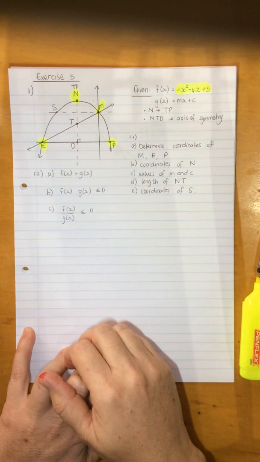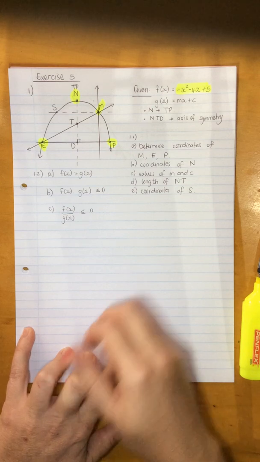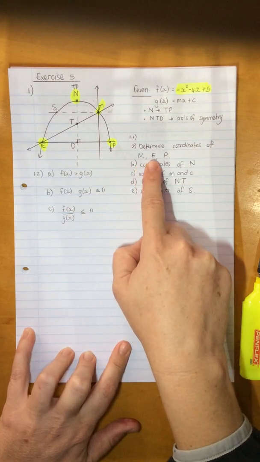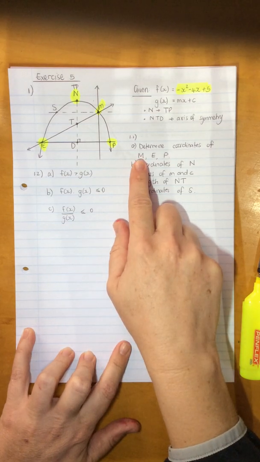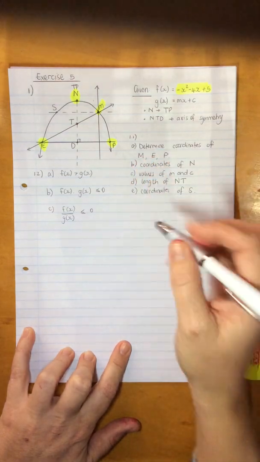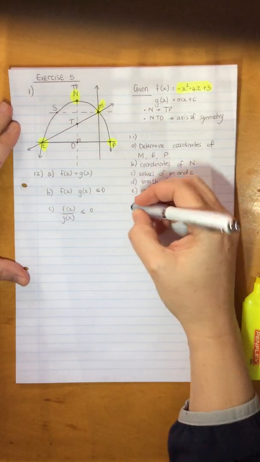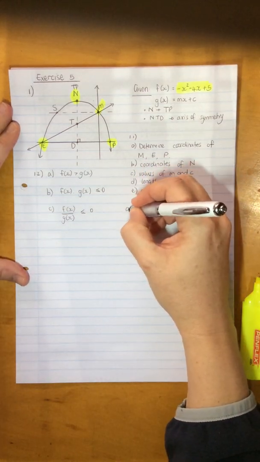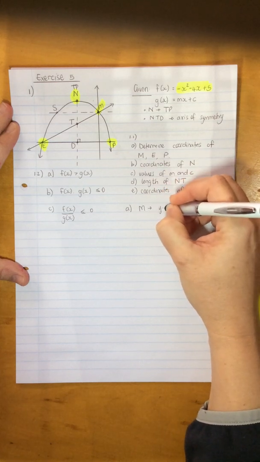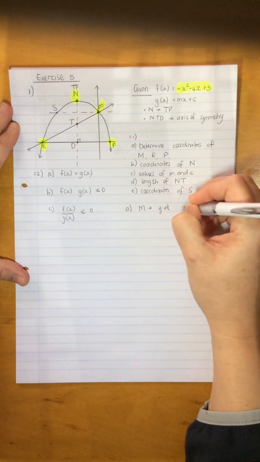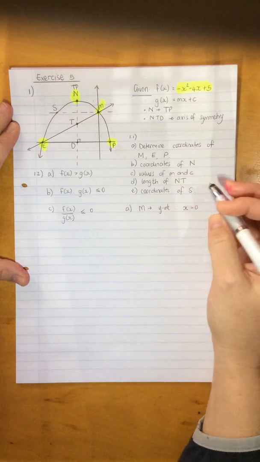So looking at the first question, they want me to work out M, E and P, so that means the y-intercept and the x-intercepts. So when I do this, M is the y-intercept, so therefore I'm going to make x equal to 0.